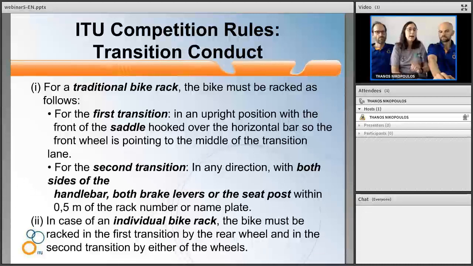When they come back they're going to have both of their handlebars or both brake levers or the seat post, but it'll be facing the opposite direction as it was. The individual bike racks we see more used in an elite race, and the athletes have to rack it with the rear wheel for the first one, and in the second transition they can have the choice of doing it either way.